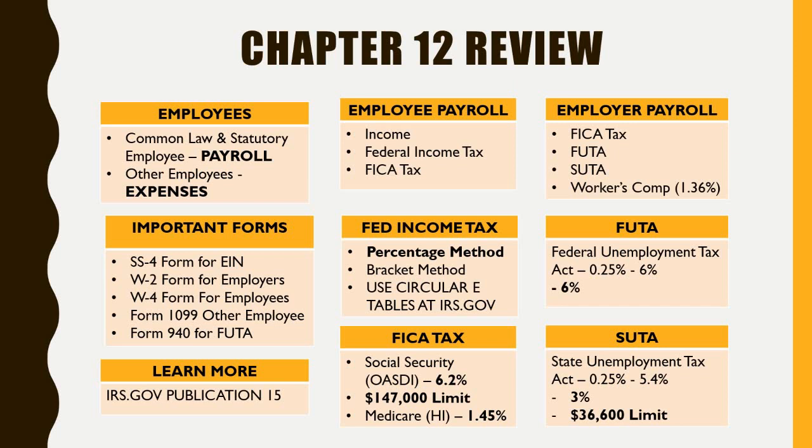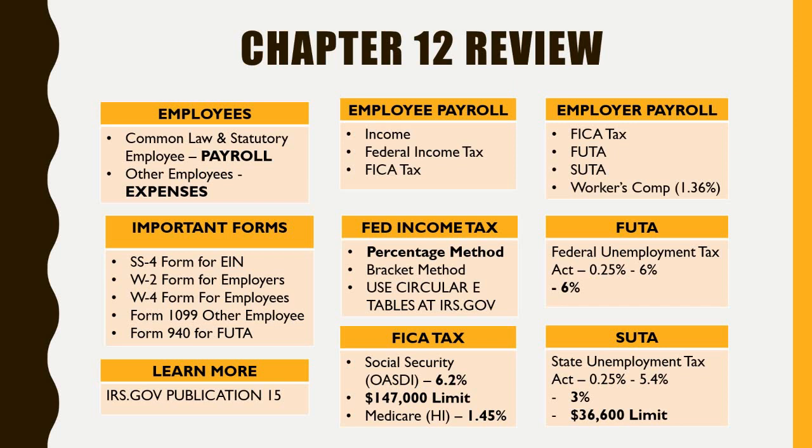So these are all forms that you can find on the irs.gov website under Publication 15, which is all about employees and what you need to do with them. So if you want more information, go to irs.gov/publication 15.